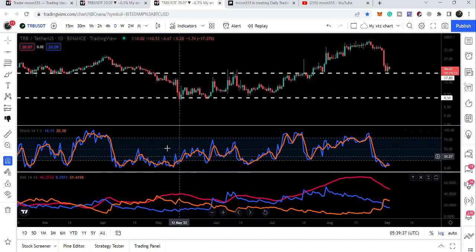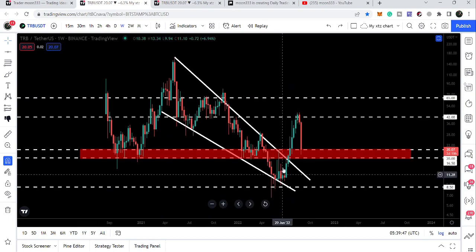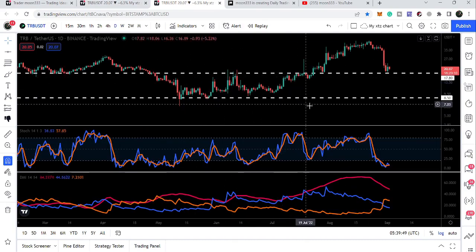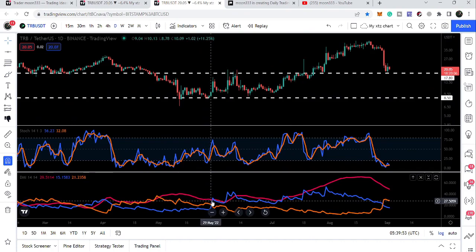Previously, when we were testing the support of $8.50, which by the way is a very strong, long-term and key support for TRB, we had several touch points even on this weekly time frame chart. While we were testing the support, this blue line crossed up this orange line, and ADX started moving up.